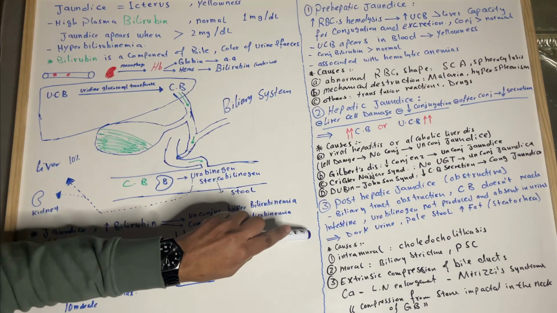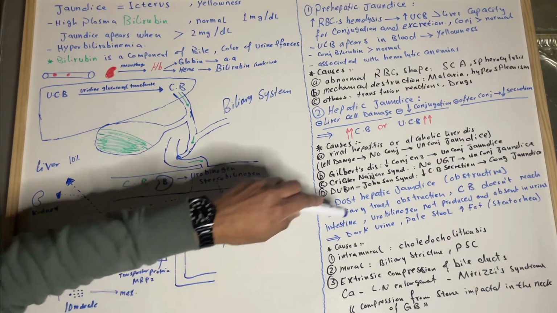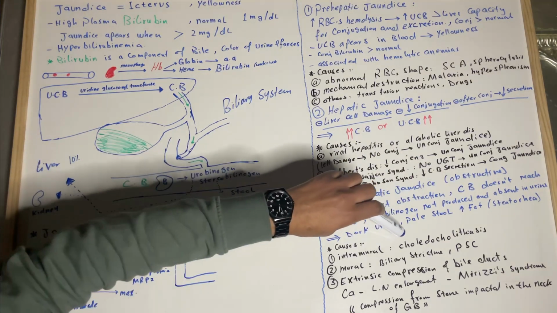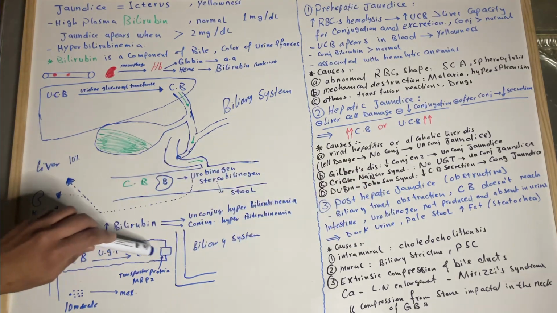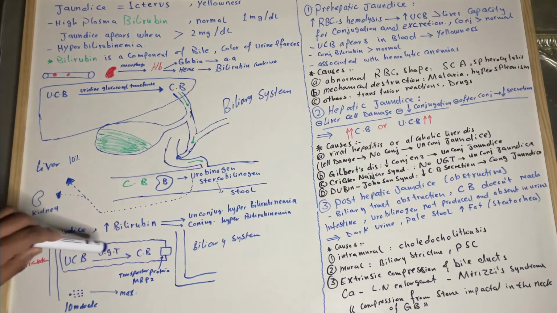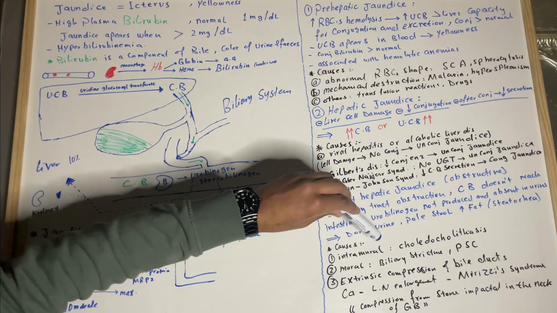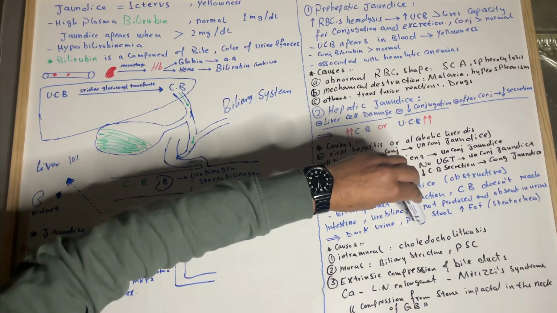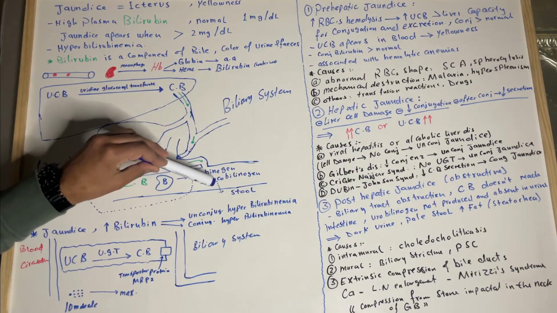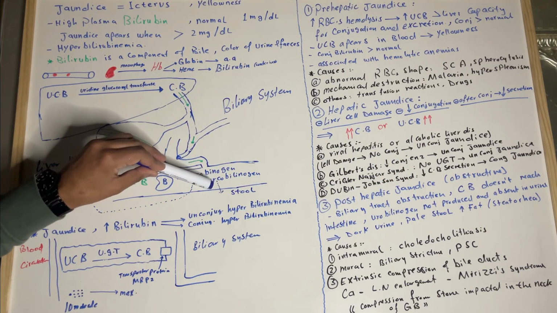And usually in post-hepatic or obstructive jaundice, we have dark urine, because conjugated bilirubin is water soluble, so it appears in urine, and conjugated bilirubin is a bile pigment, so we have dark urine. Also, we have pale stool due to absence of stercobilin, which gives the stool its characteristic color.